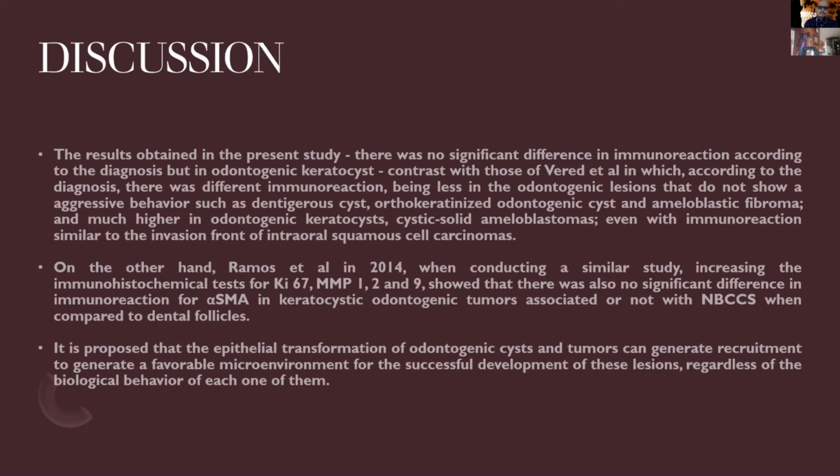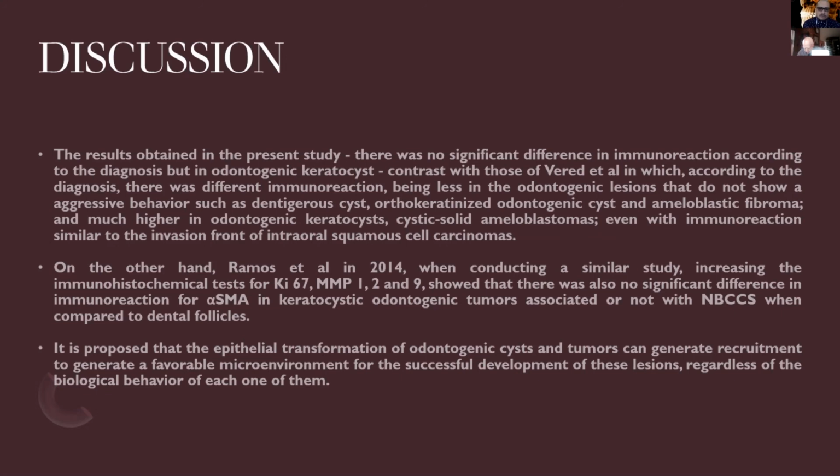On the other hand, Ramos in 2014, when conducting a similar study, adding the immunohistochemical test for Ki-67 and MMP-9, showed that there was also no significant difference in immunoreaction with SMA in odontogenic keratocysts associated or not with Gorlin syndrome when compared to dental follicles.